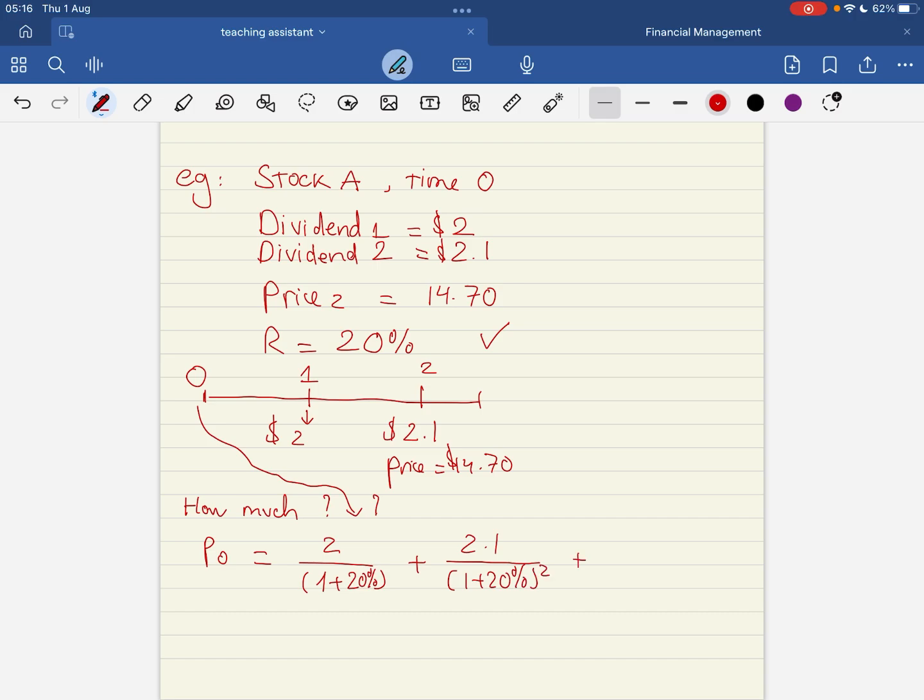And we also expect to sell our share after 2 years at the price of $14.7. So we also need to add $14.7 divided by 1 plus 20% to the power of 2. And the result of this calculation will be what we are willing to spend to buy the stock at the current time.